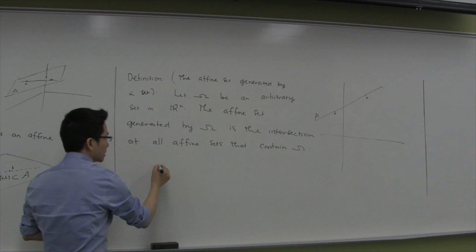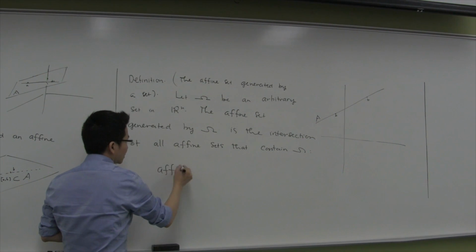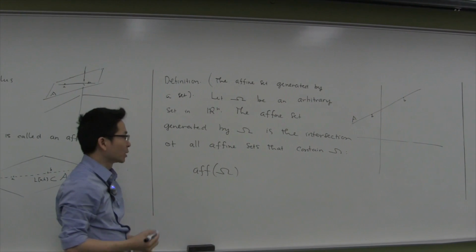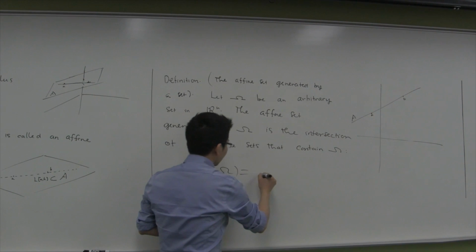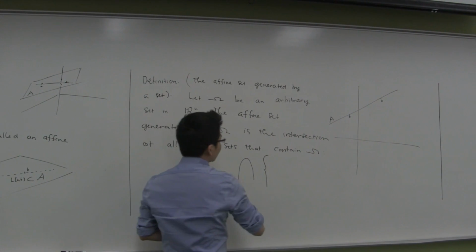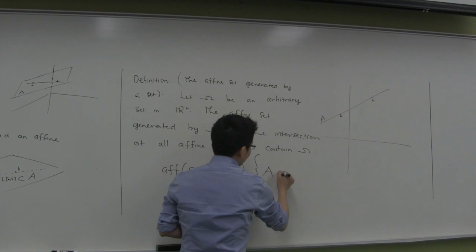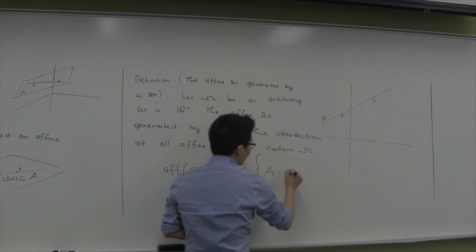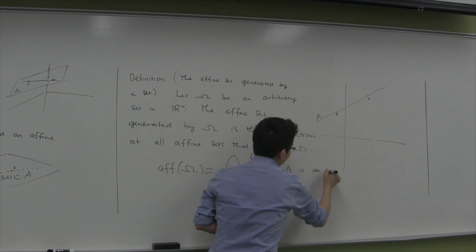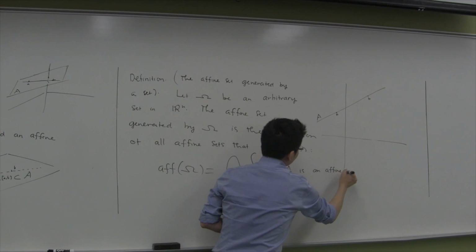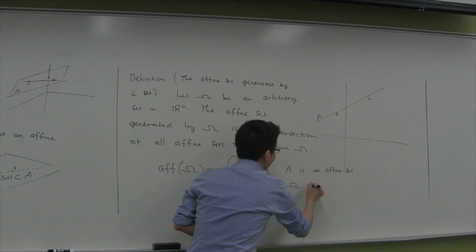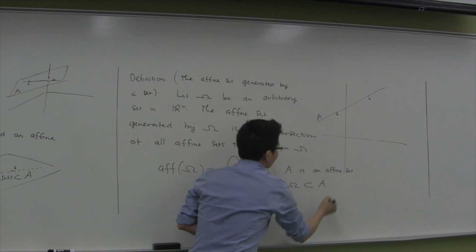The notation is alpha of omega. So alpha of omega, the affine set generated by omega, is the intersection of all sets A such that A is an affine set and omega is a subset of A.